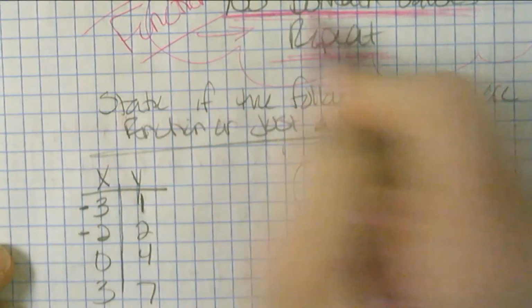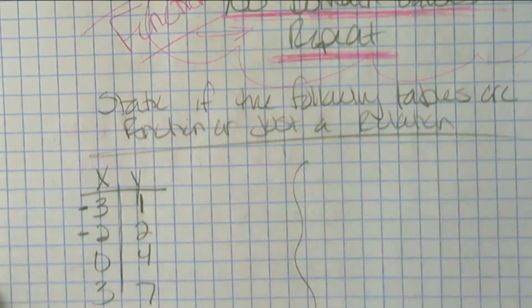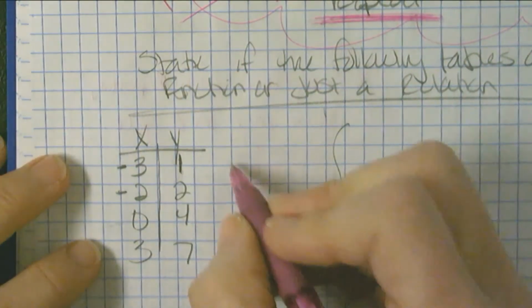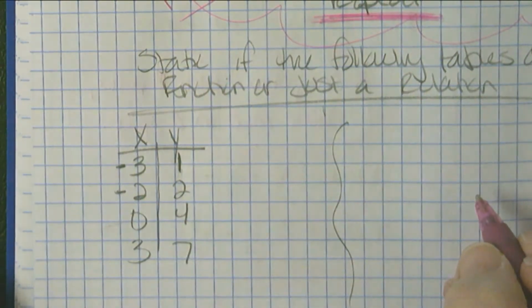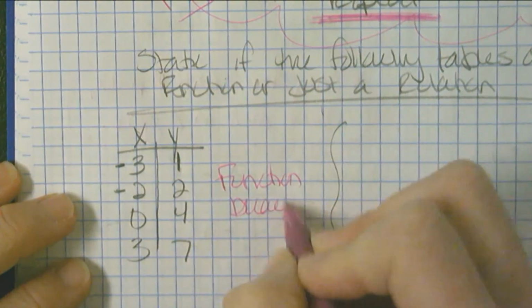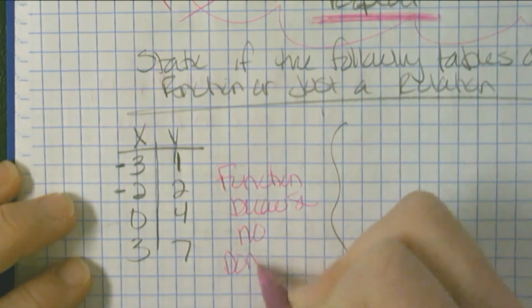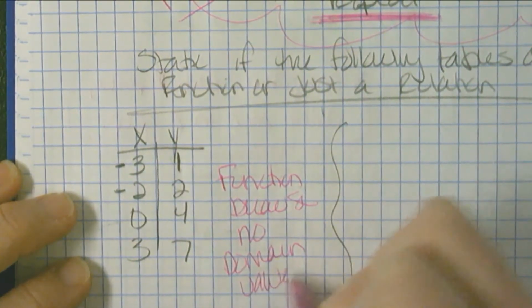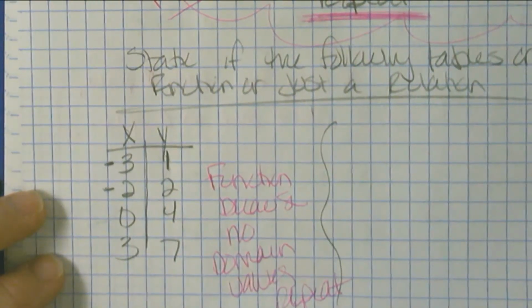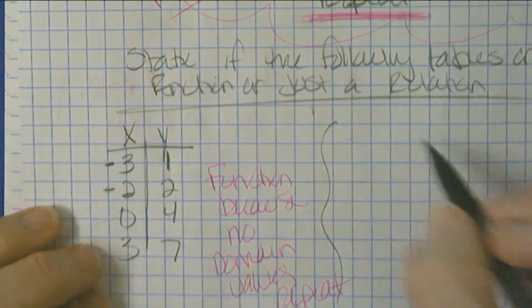Remember, it's a function if no domain values repeat. Function or no function? Serena? How many of you guys agree that this is a function? Yes, this is a function. Because no domain values repeat. That is a function.